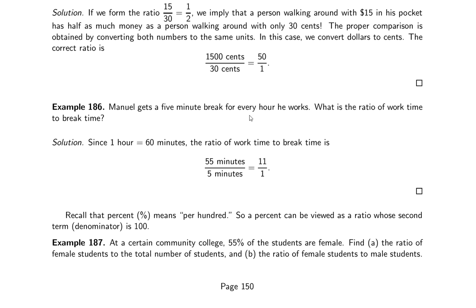So for every hour, 5 minutes of that is a break. 55 minutes is actual working. So work time to break time is 55 to 5, or 11 to 1. Here we're just using that there are 60 minutes in an hour, so 60 minus the 5 break is 55.